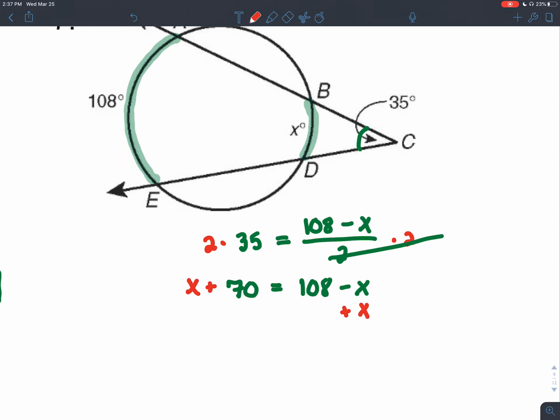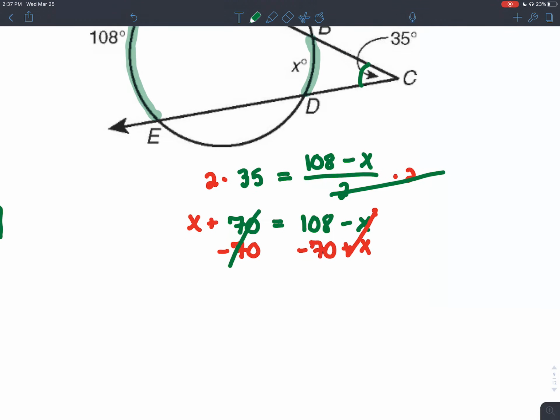And now, since that cancels, I can subtract 70 on both sides, which means that I will get x equals, oh, I don't know why I did all that. 8 minus 0 is 8, and then 10 minus 7 is 3. So x is equal to 38 degrees.